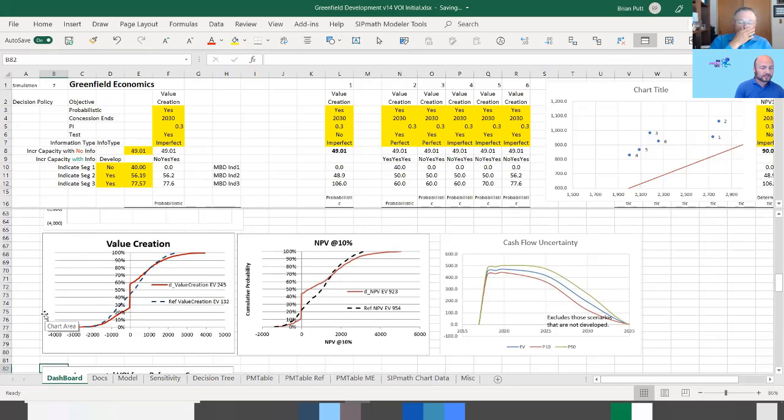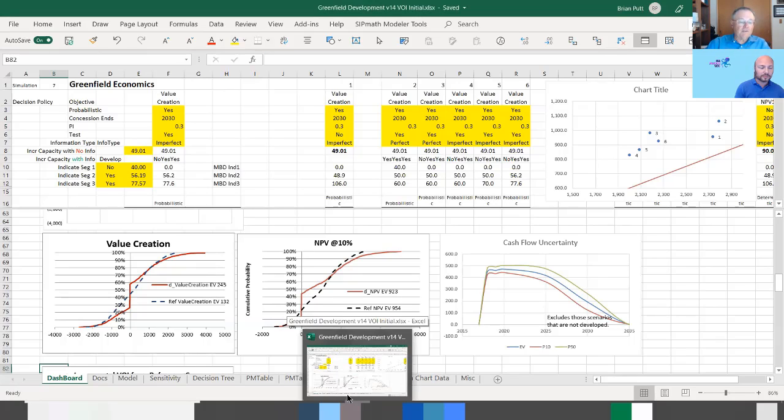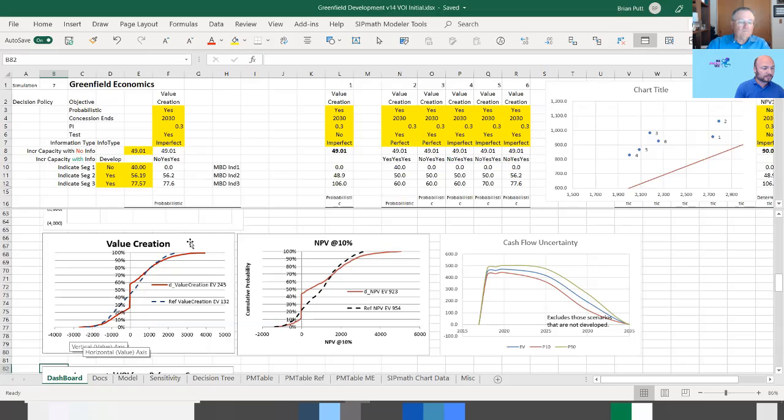Remember how we talked about improving the downside and the upside? We talked about that early on in the presentation. Our reference case with no information is that black line. And you can see that we've reduced the downside, all this is reduced downside here, going from the black to the red.